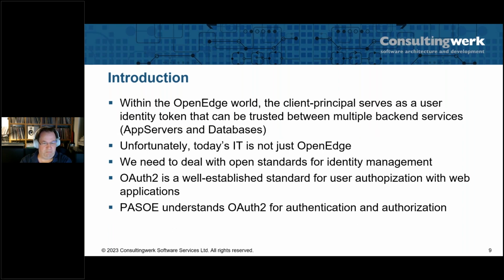And in the OpenEdge world, around the early versions of OpenEdge 10, when auditing was introduced, Progress established the client principal for that purpose. So there's an identity token, which is just a secure, sealed, signed, potentially encrypted bit of information that tells another application who the user is.